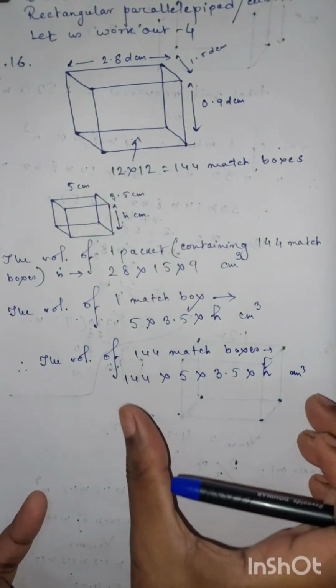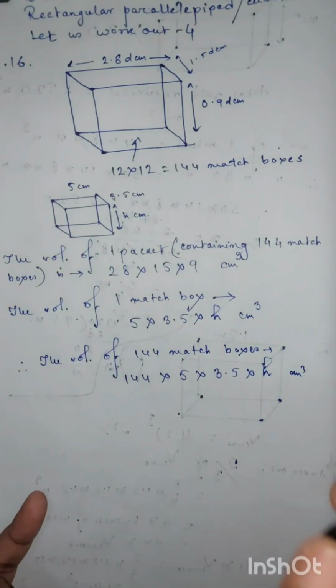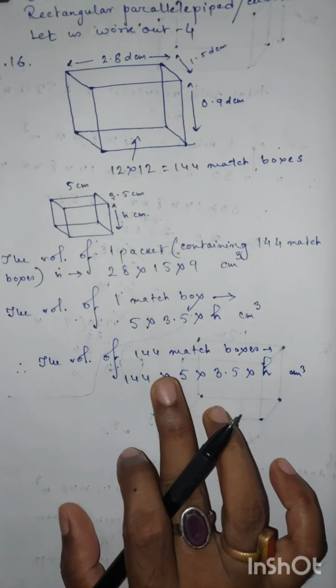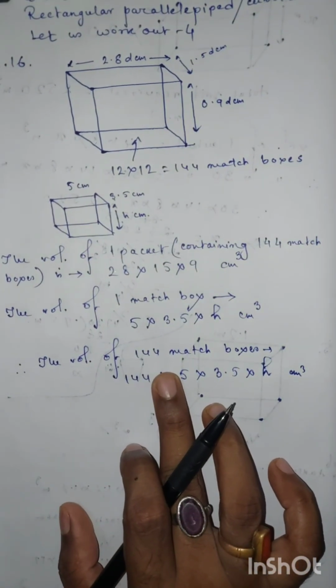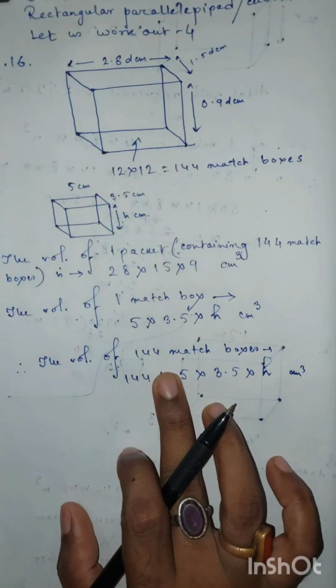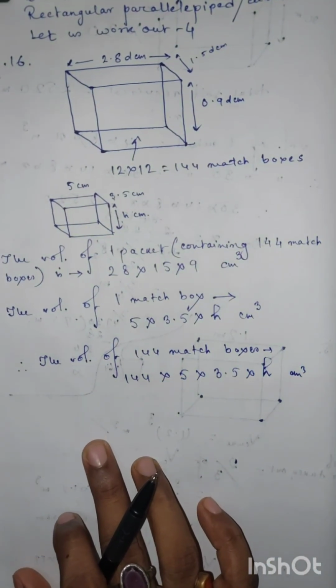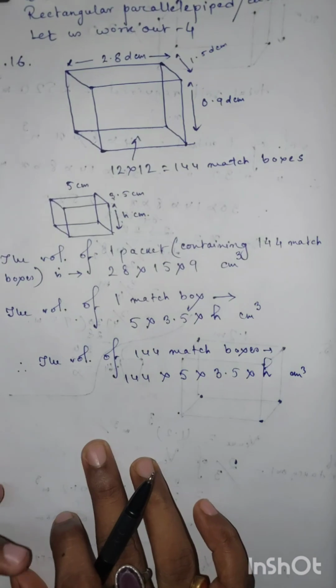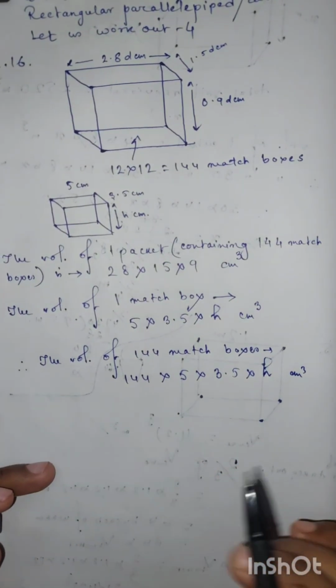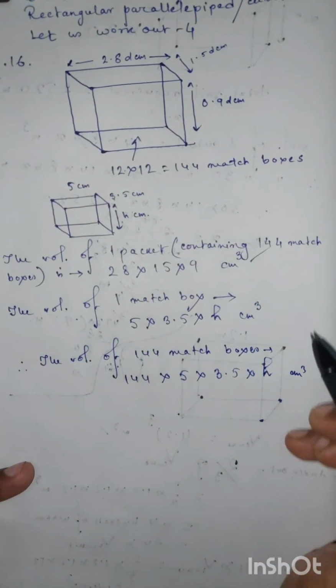Now this volume should be equal to this volume because 144 matchboxes are fitted into this bigger cuboid. Therefore, these two volumes are equal.